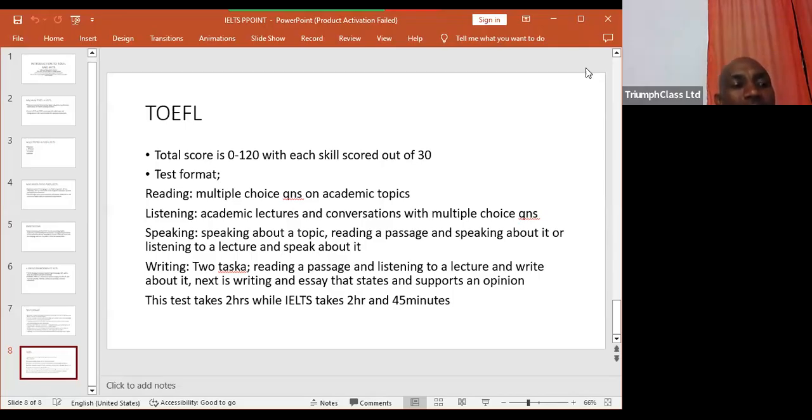We have the next success tip, which is to develop a structured approach. This is very common in speaking and very much in writing.